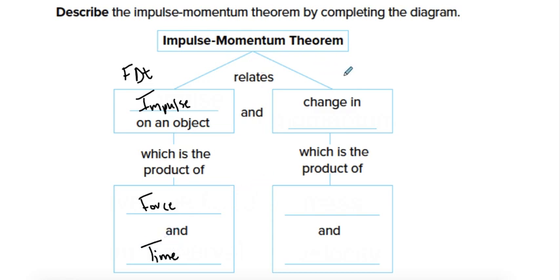Now on the right hand side of the equation we have the change in the momentum of the object, which is the product of the mass and the change in velocity. Or we could just write velocity. So this takes us back to our variations in the equations in the last slide.